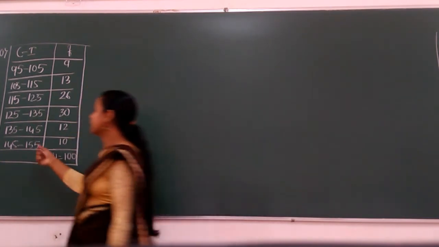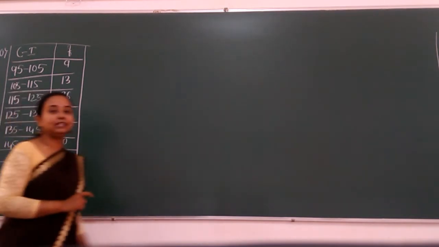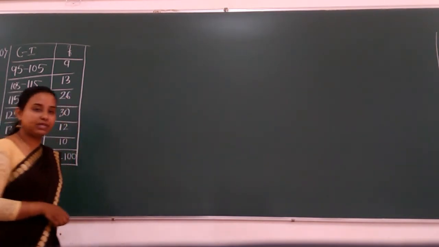This interval denotes the heights of the boys, and this is how many boys have that height in the given interval. For this also you have to calculate the mean deviation about mean, right?